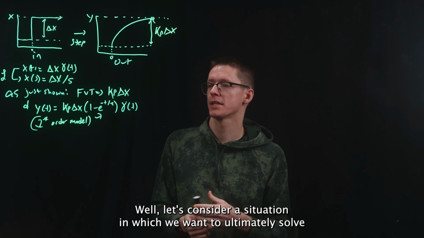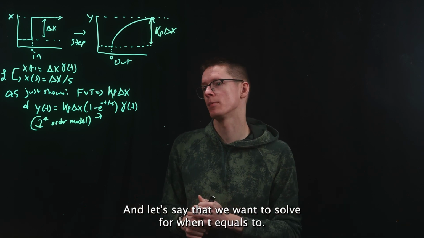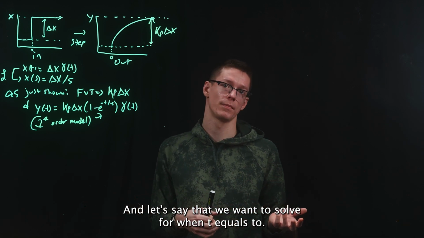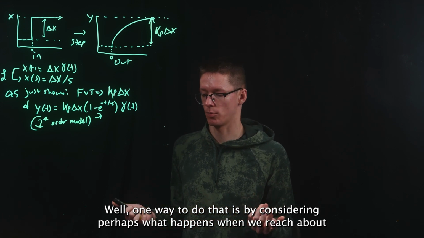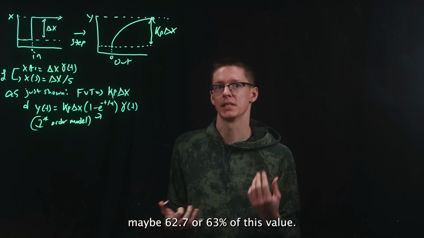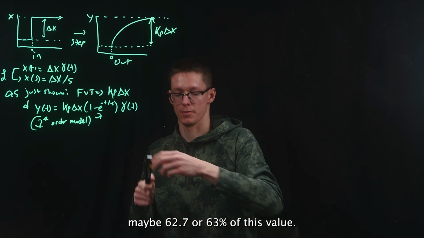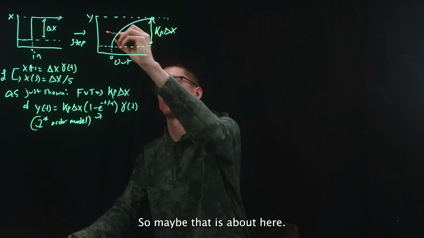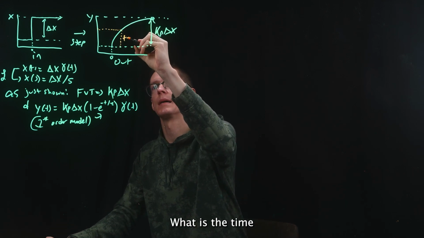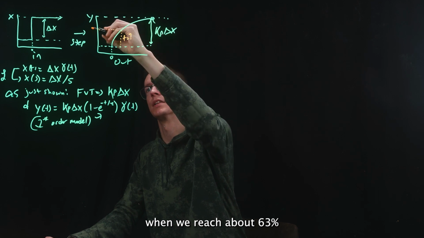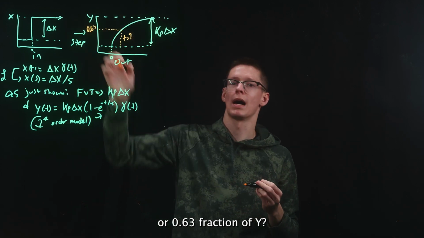Well, let's consider a situation in which we want to ultimately solve for the time constant. And let's say that we want to solve for when t equals tau. Well, one way to do that is by considering perhaps what happens when we reach about maybe 62.7 or 63% of this value. So maybe that is about here. What is the time when we reach about 63% or 0.63 fraction of y?